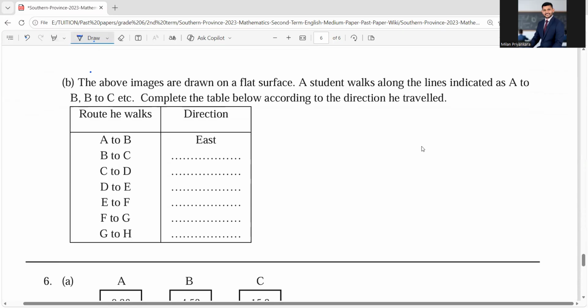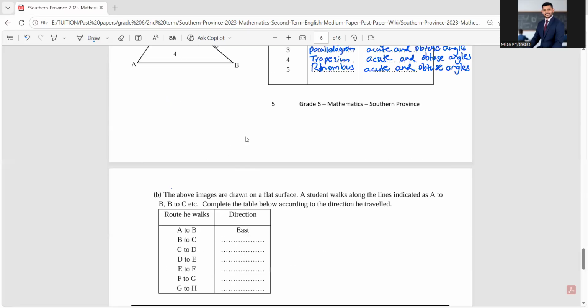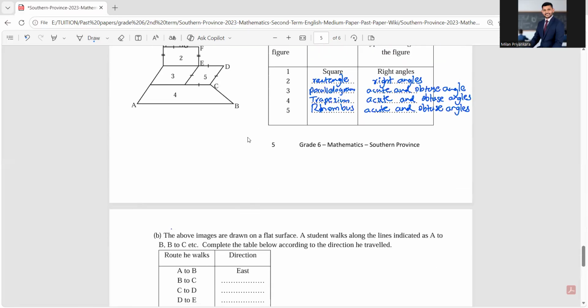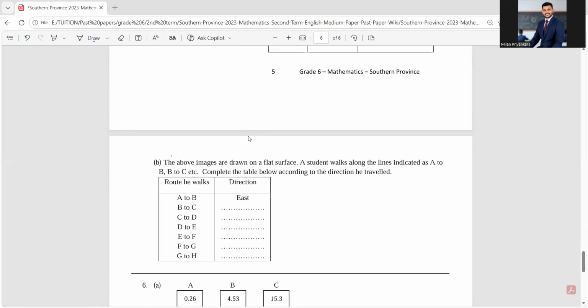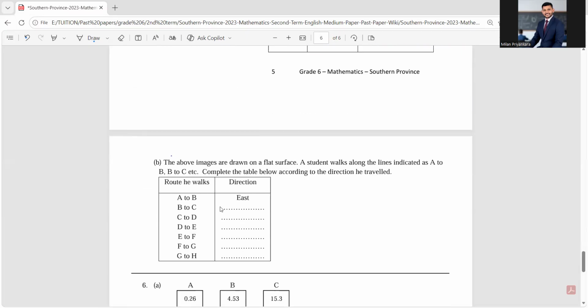A student walks along the lines indicated as A to B, B to C, etc. Complete the table below according to the direction of travel. A to B, east. B to C, north-west.